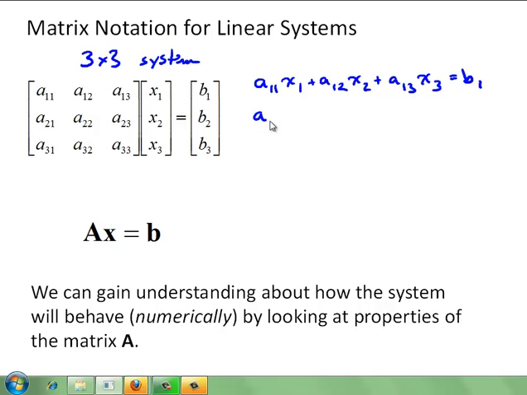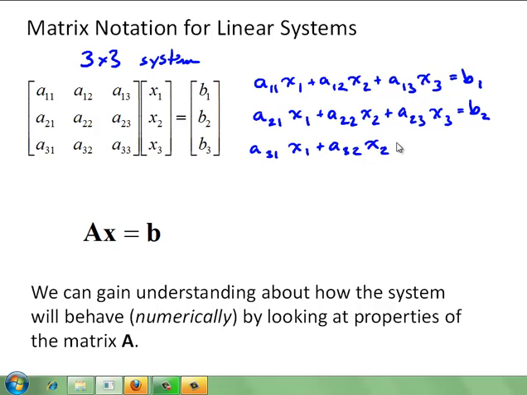A21 times x1 plus A22 times x2 plus A23 times x3 equals B2, and A31 times x1 plus A32 times x2 plus A33 times x3 equals B3.